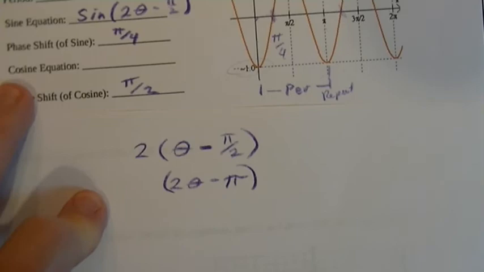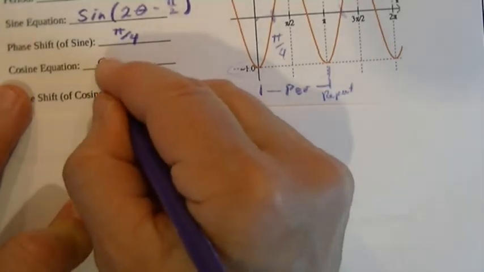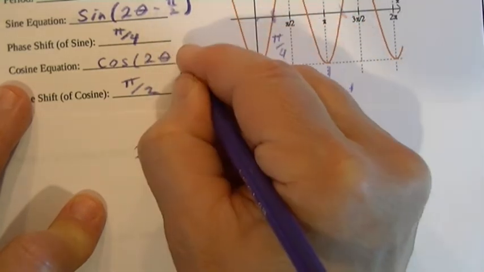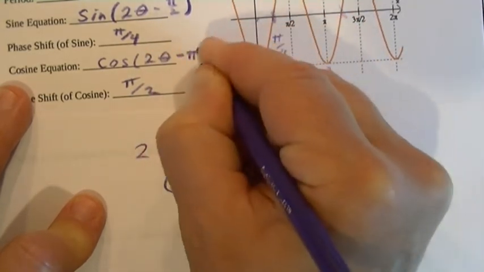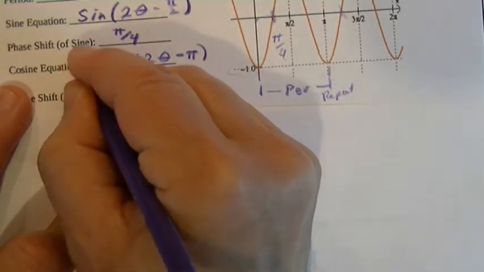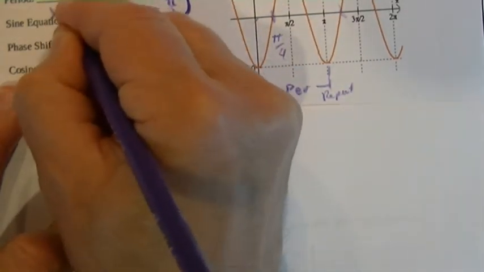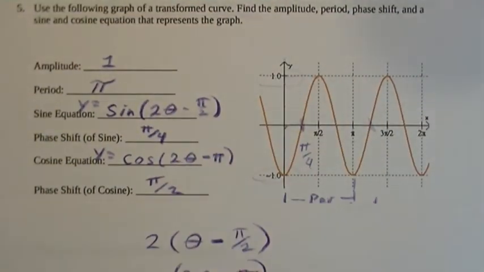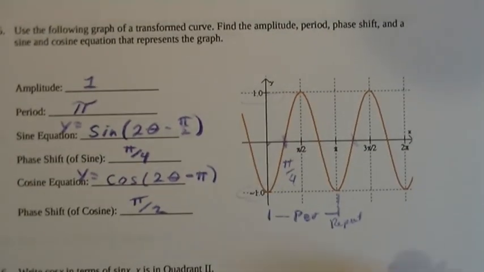And that is our cosine equation. So this is going to be cosine 2 theta minus pi. And of course we probably should have a y equals just to be correct. And that's all you have to do for that one.